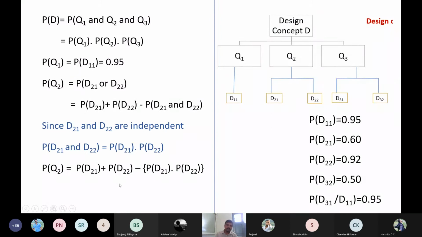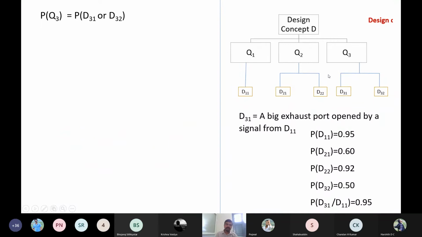Next, you substitute the values and you get the answer 0.968. This is the physical realizability of the subsolution Q2. Similarly, you have to find the physical realizability of the subsolution Q3. Again, for Q3 there are two solutions, and you have to solve any one to successfully solve this subproblem.